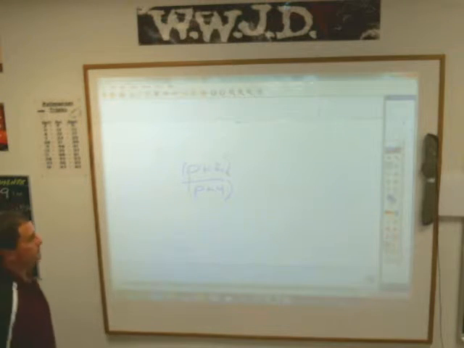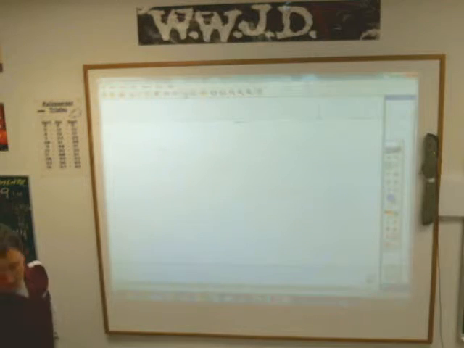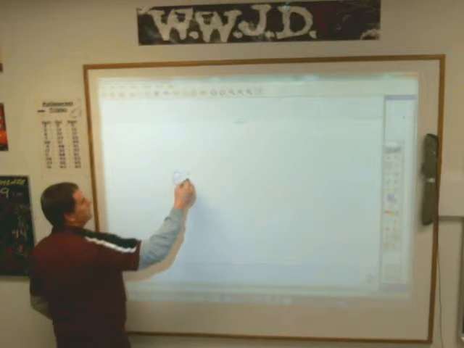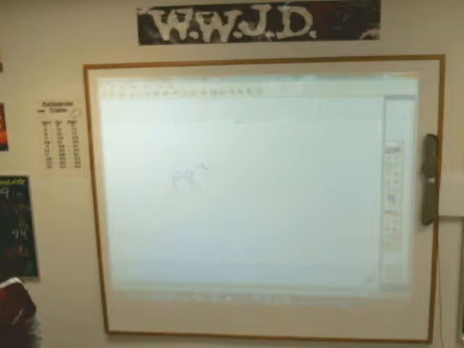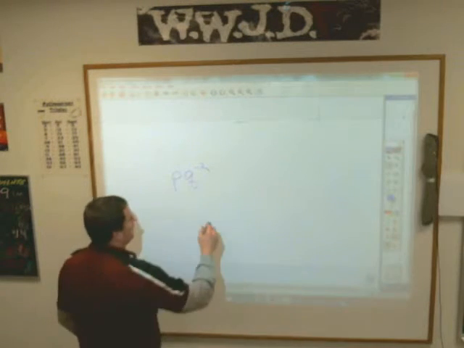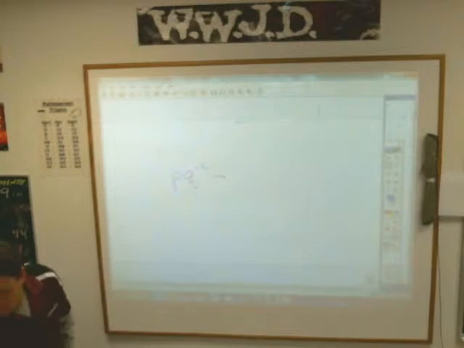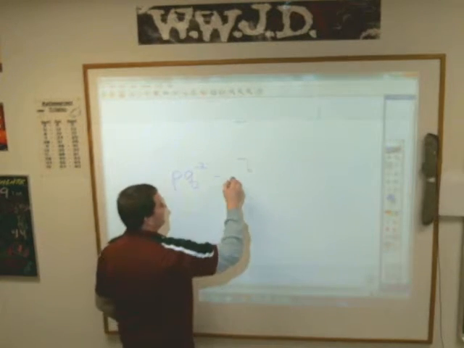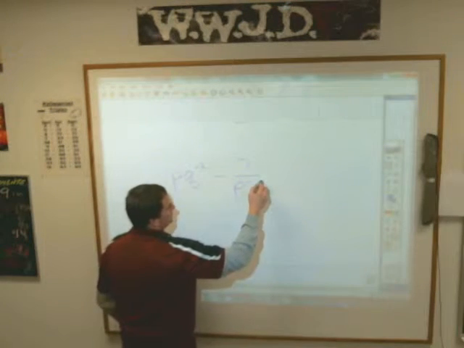How about this one? Now we're talking a little bit tougher stuff. Q to the negative 2 minus 7 over p to the negative 1 q squared. Don't say anything until I have it written.